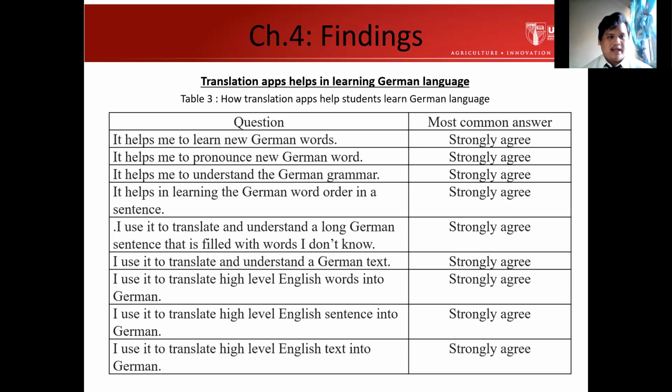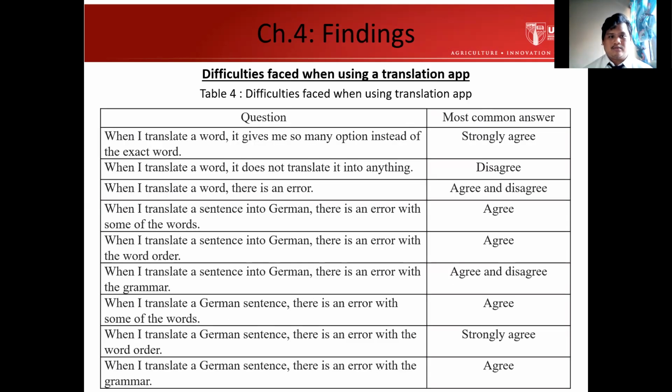As you can see here, it helps them to learn new German words, pronounce new German words, understand the German grammar, and they even use it to translate text between English and German. So it is very helpful for them to use translation apps when learning the German language.